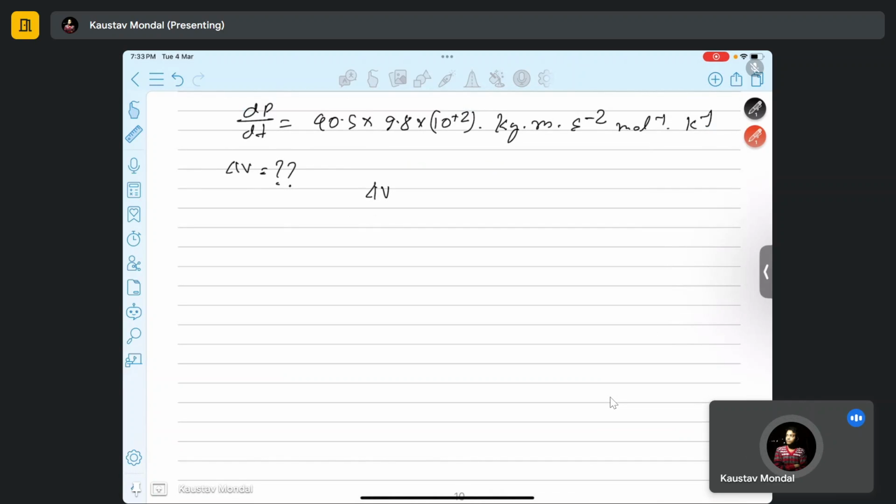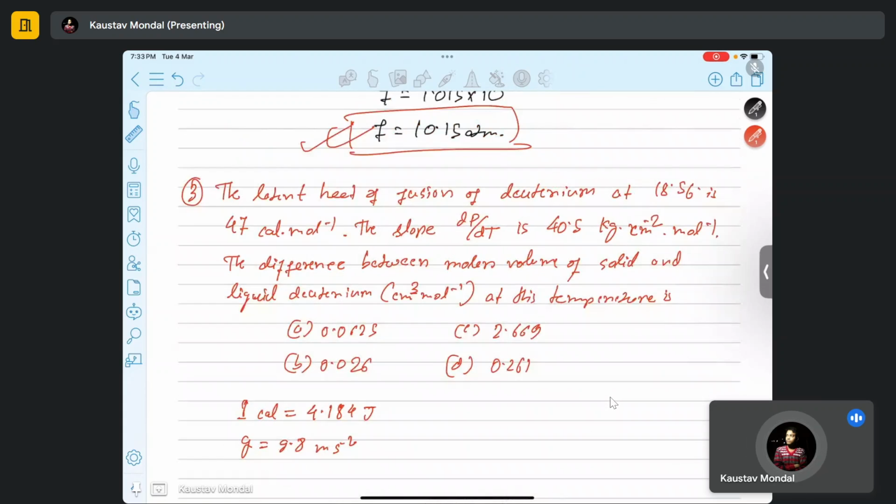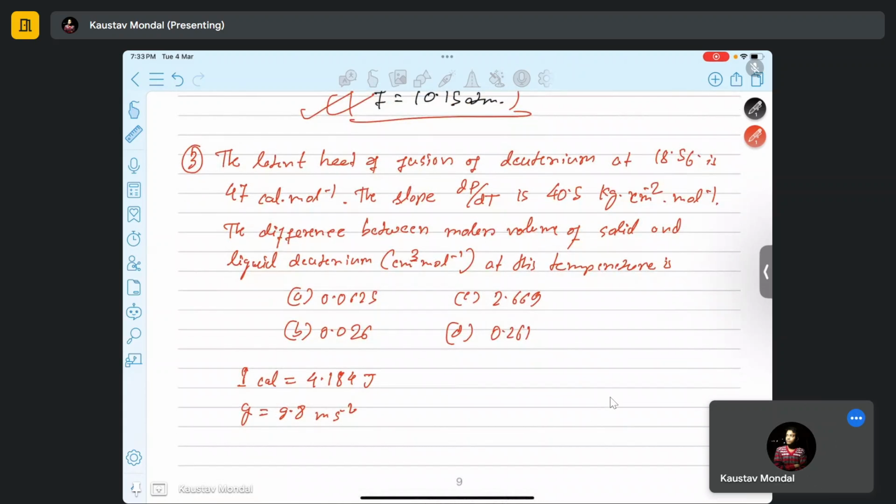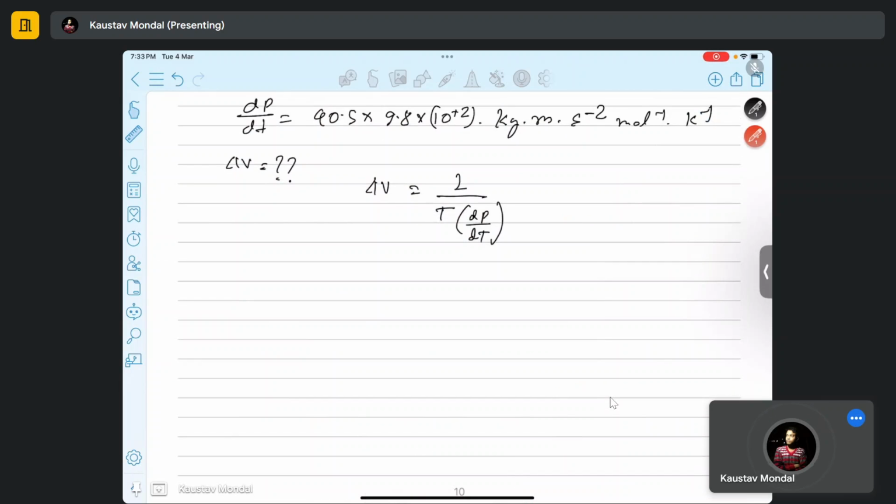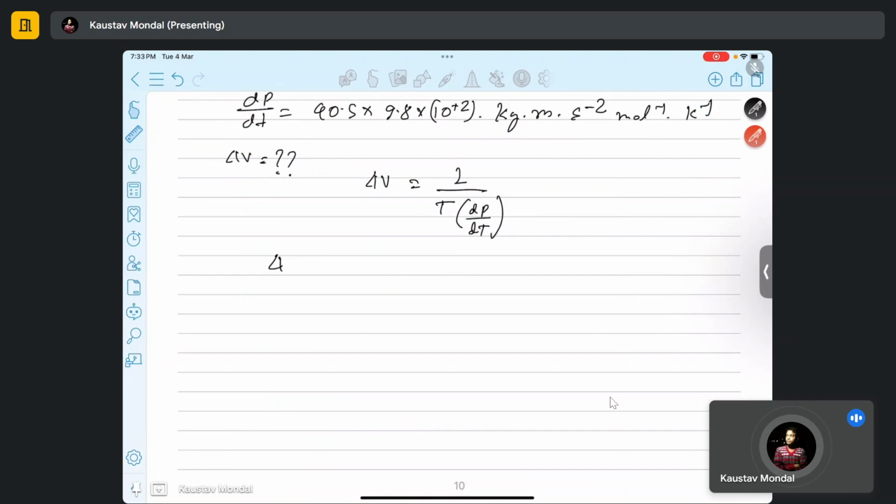So del V is basically L by T into dP dt, right? So here, actually L is given in calorie. Okay, so we have to convert it into joule, and how much joule is 1 calorie is already given in the problem.